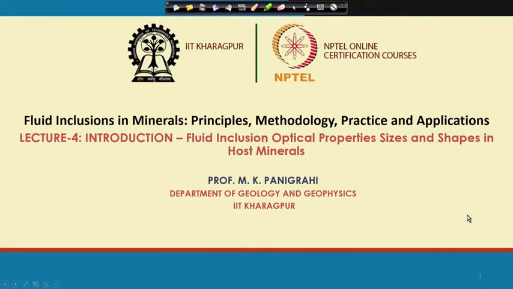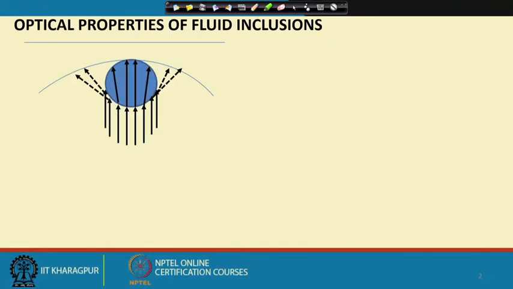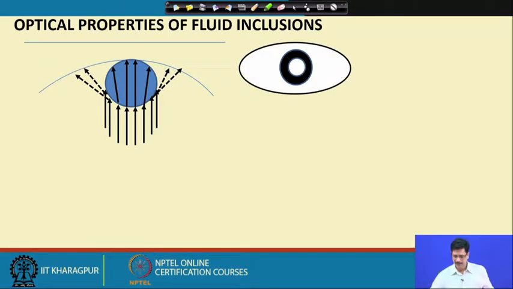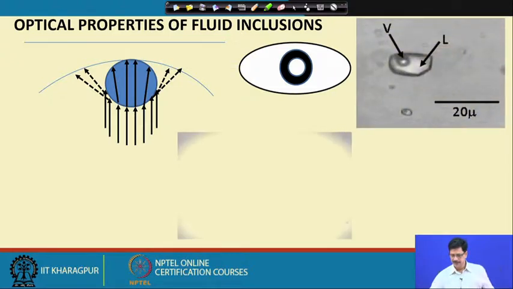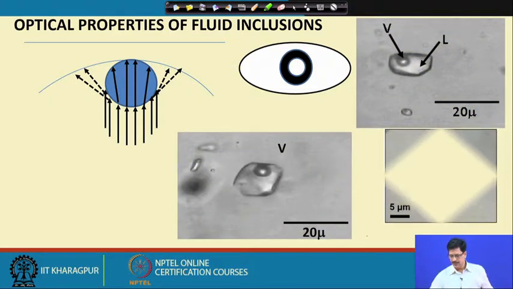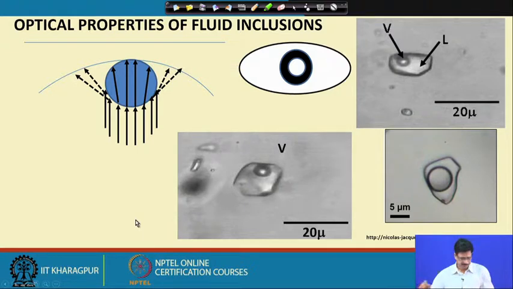We will continue our discussion from where we left off in the last class. Just to recapitulate, when you see inclusions under the microscope, typically an aqueous biphase inclusion will have the aqueous liquid as the brighter part, with a vapor anywhere within the inclusion, depending on its geometry.